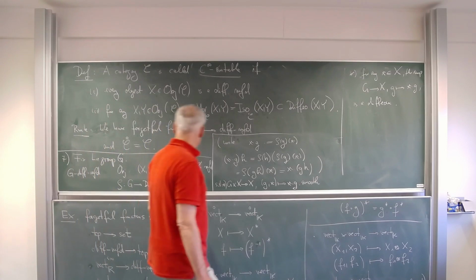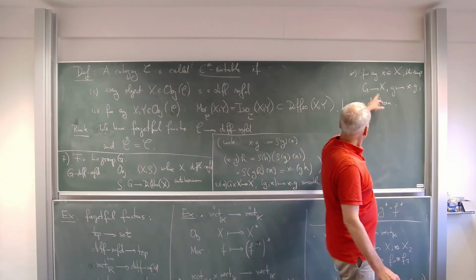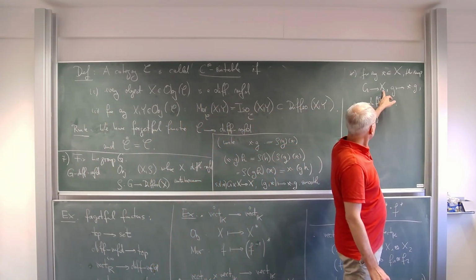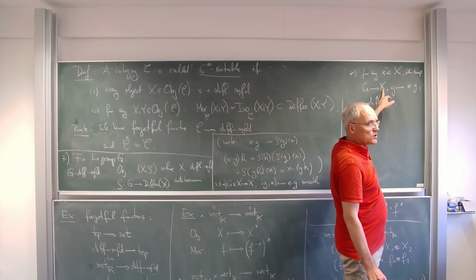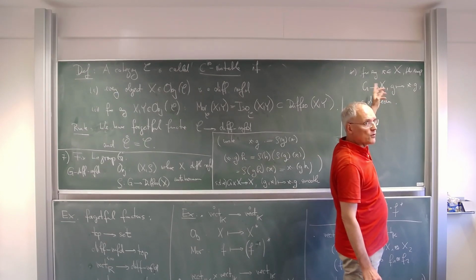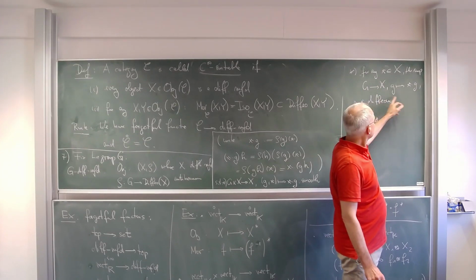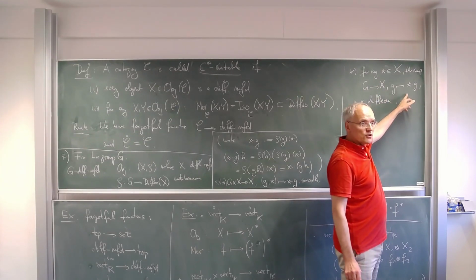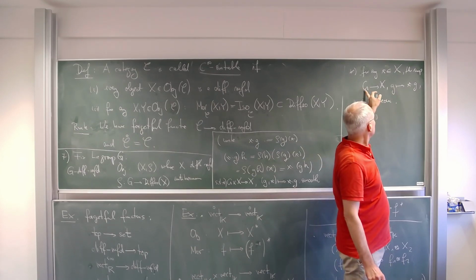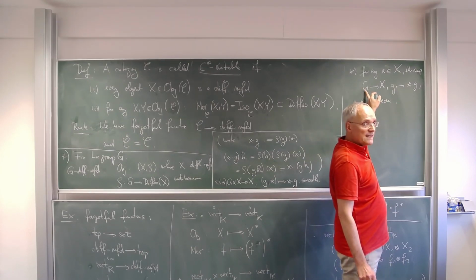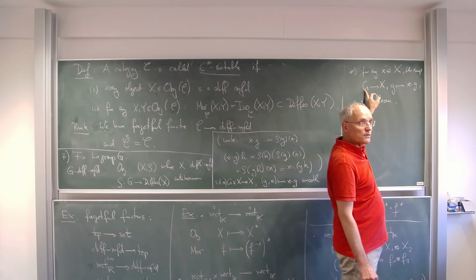So simply transitive. Transitive means for any two points in the manifold, you can find a group element mapping the first point to the second point. And this is made sure by this map being surjective. But the corresponding group transformation G is also unique. That's the simply transitive thing.